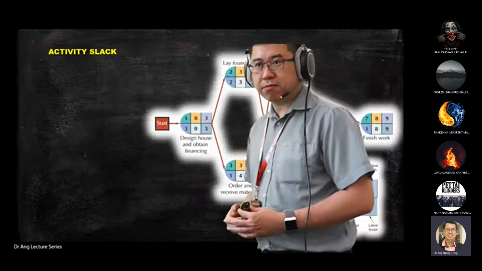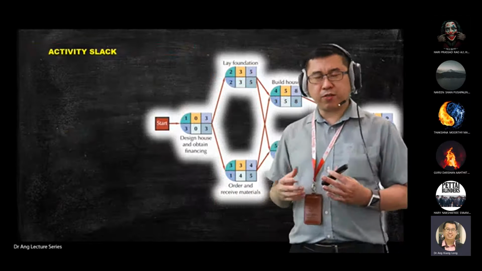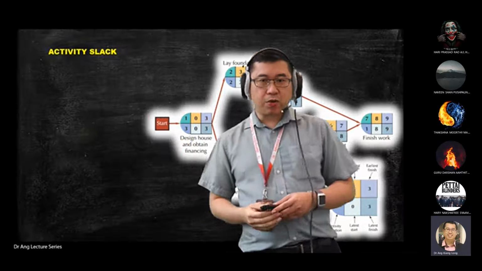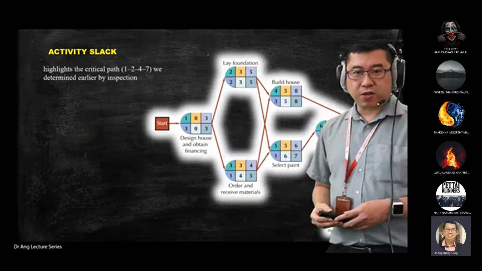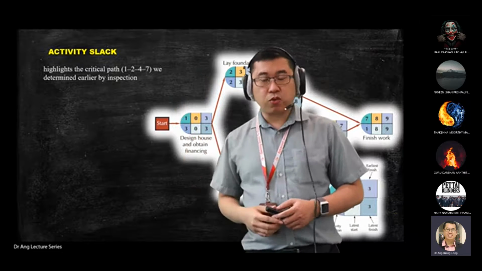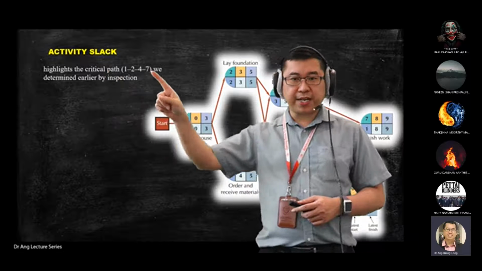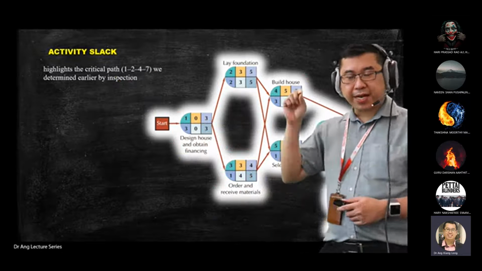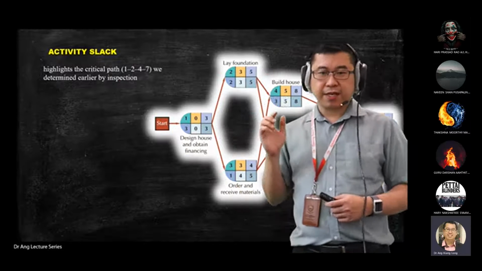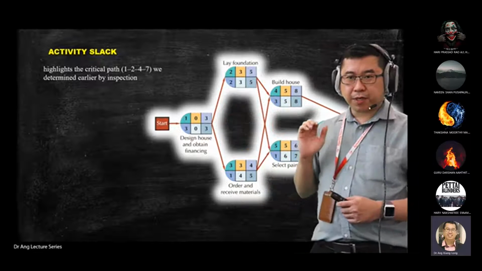Now we talk about something new today, not new, but a new term for today. It's called slack. Earlier in the previous two sessions, we defined the critical path by calculating the maximum project time for the pathway.